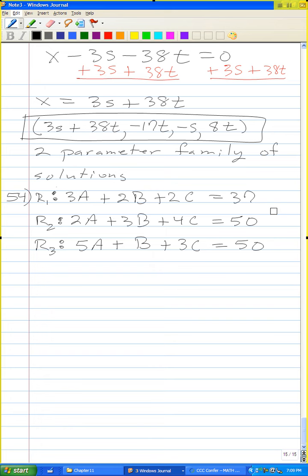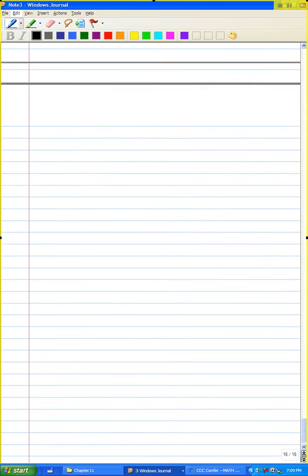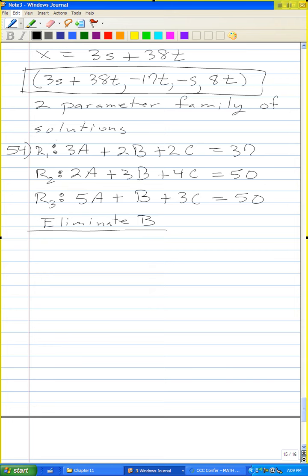So I guess the easiest is to solve for B. So let's eliminate B first. Let's take R1, 3A, 2B, 2C, minus 2R3: minus 10A, minus 2B, minus 6C, minus 100.